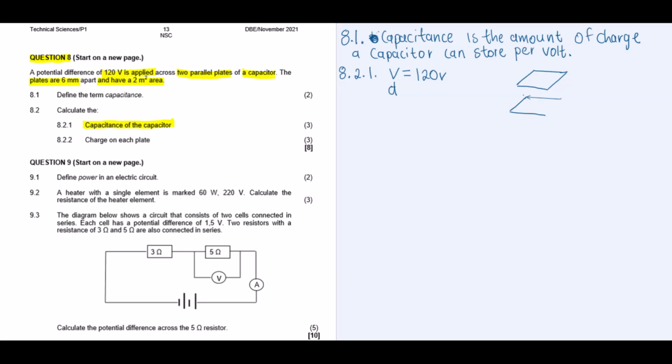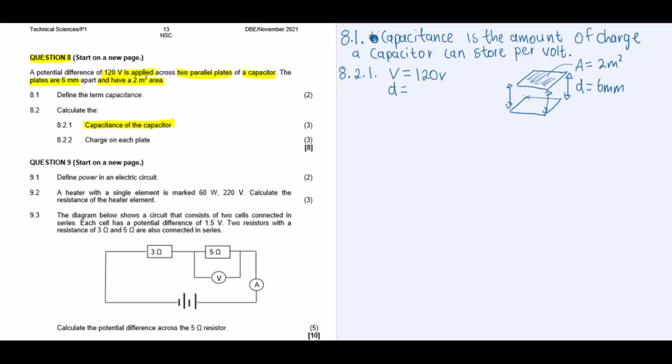The area of the plate was given, 2 meters squared, and the distance between the two metal plates is 6 millimeters.